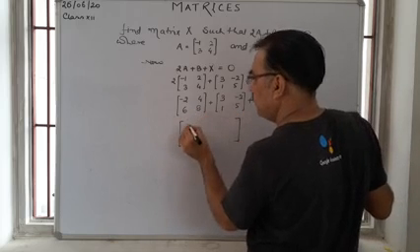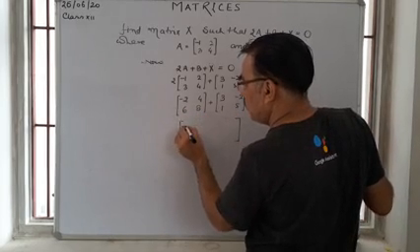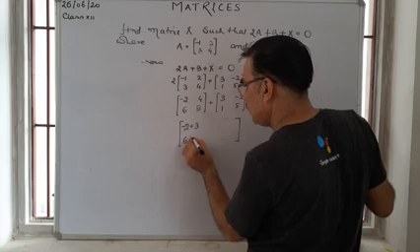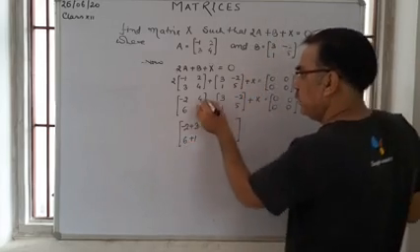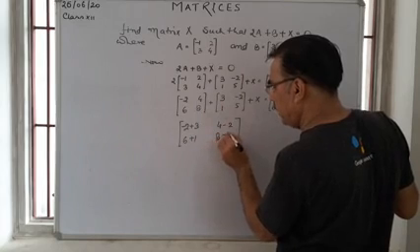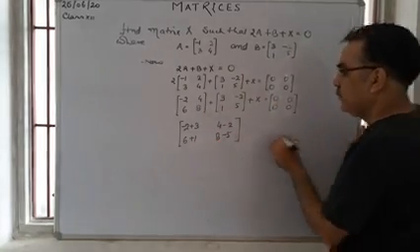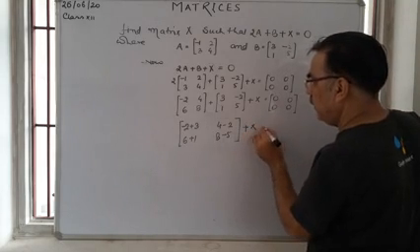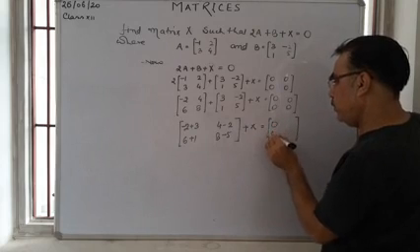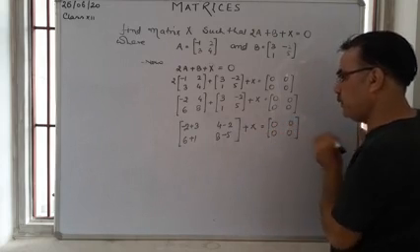Here we get 4 minus 2, 8 minus 5 hmm, plus X is equal to 0, 0, 0 and 0.